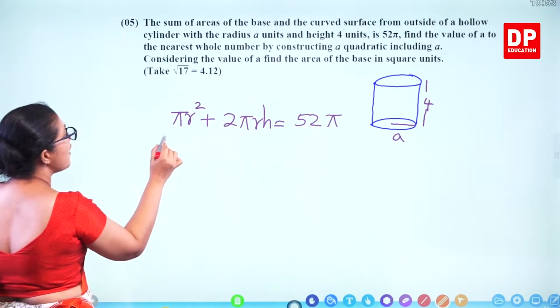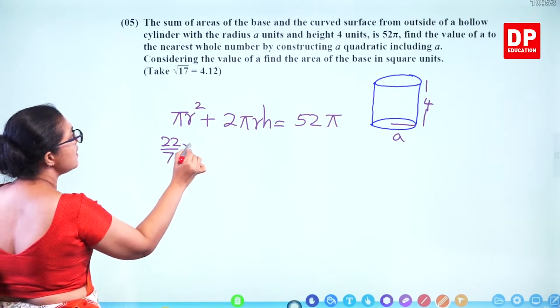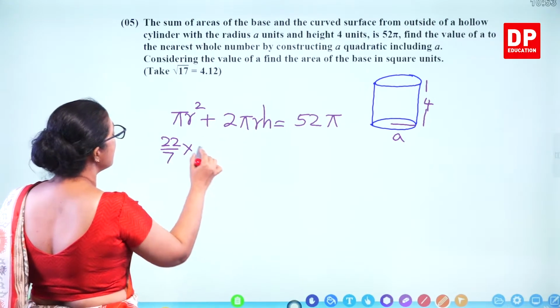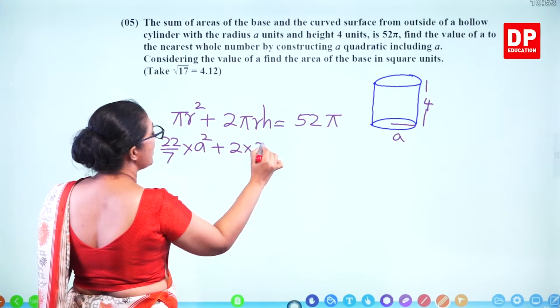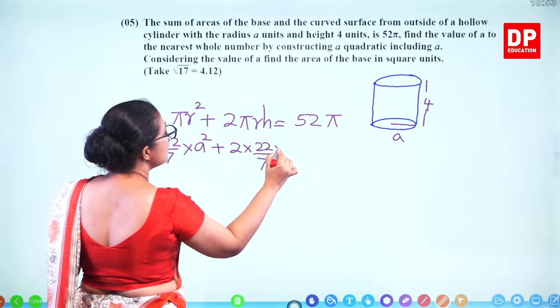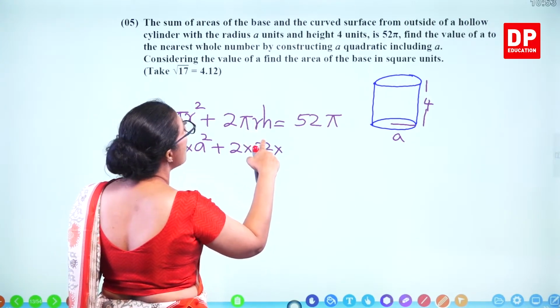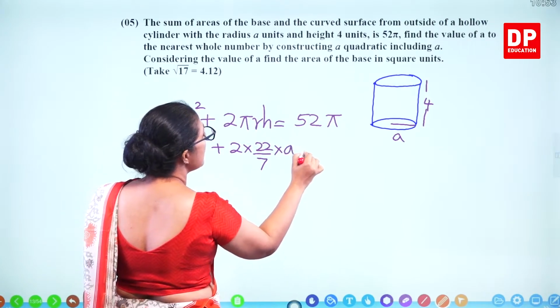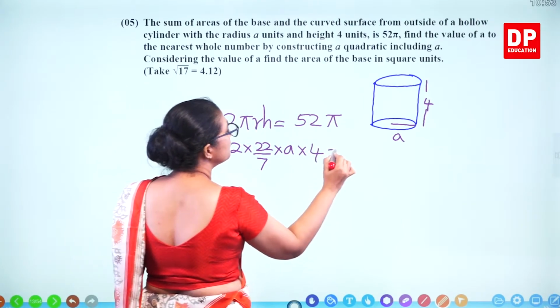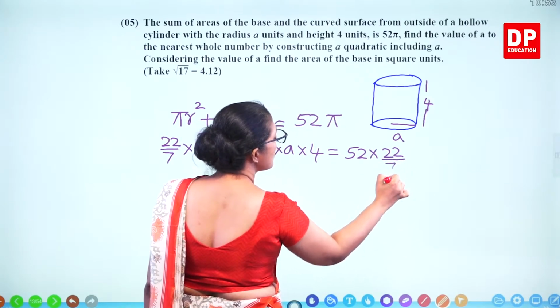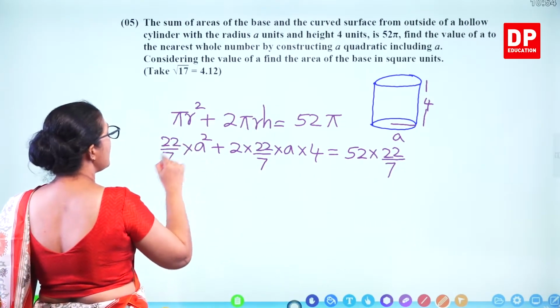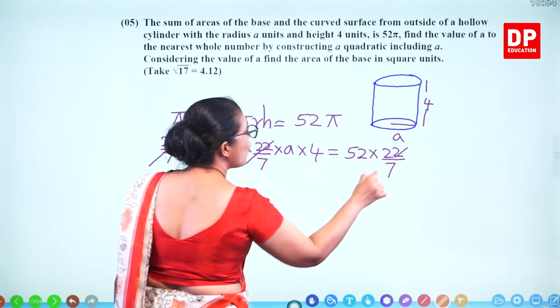Now substitute the values. Pi times radius A squared, plus 2 into pi into r, where r is A and h is 4. That's 52 pi. Here you don't need to substitute the pi value because pi gets cancelled out for all three.